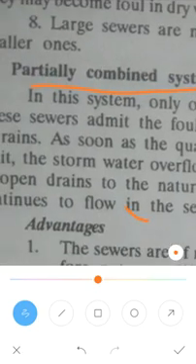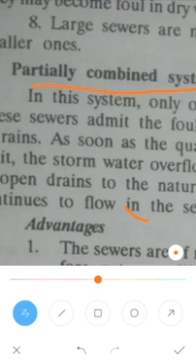The first advantage is that the sewers are of reasonable size, and their cleaning is therefore not a very difficult thing. The second advantage is that it combines the advantages of both the separate as well as the combined system. It is a combination of the separate and the combined system.